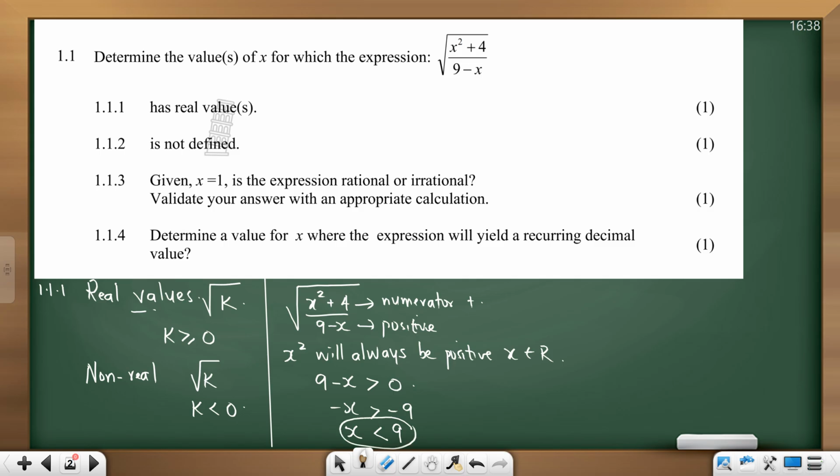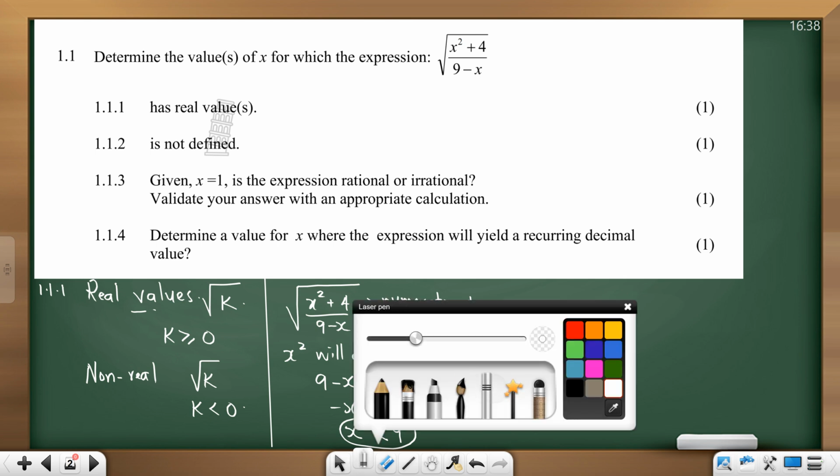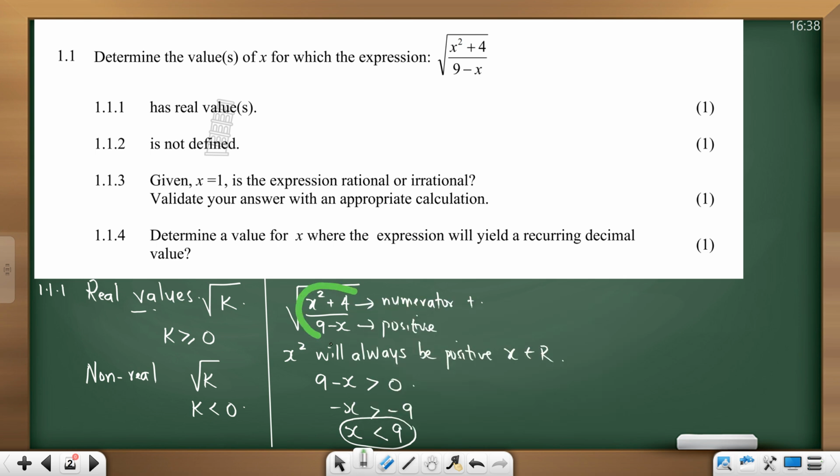For any value where x is less than 9, I'll have an answer. That's what we're saying. Did that make sense, everybody? I want this whole thing to be positive, the square, so that I can get the square root of a positive value.